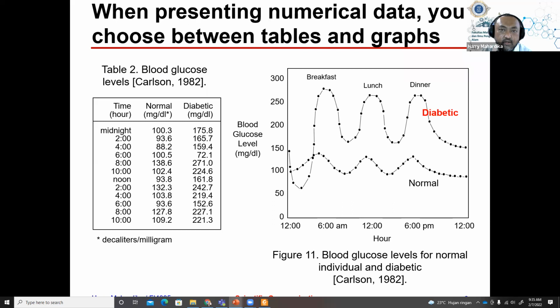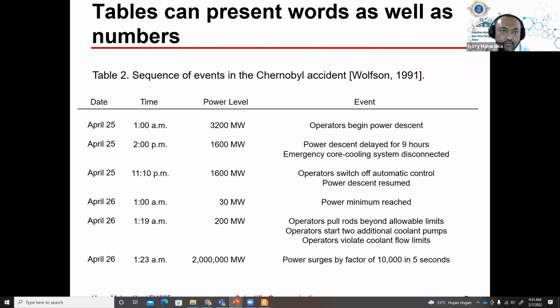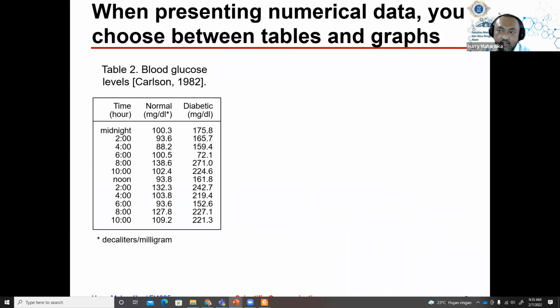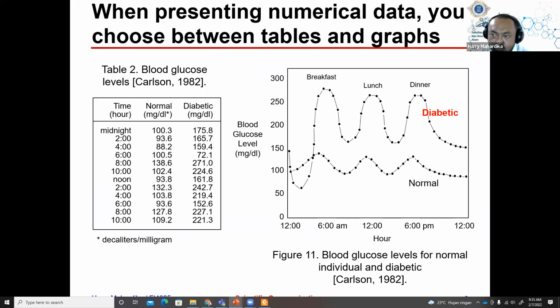So here, tables and figures can tell us about a certain event or a certain process, and the usage of a table with a graph can also be used for describing a certain process or a certain experiment done on two specimens. In this case, we have blood glucose level for normal people, and then for the one who has diabetes.